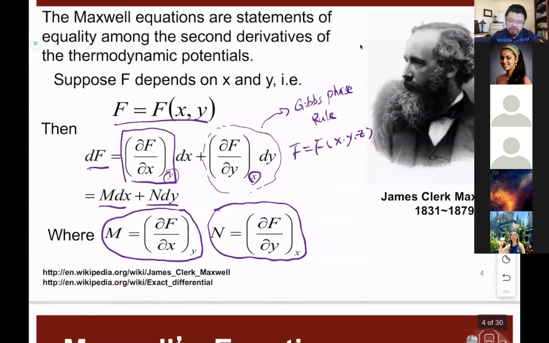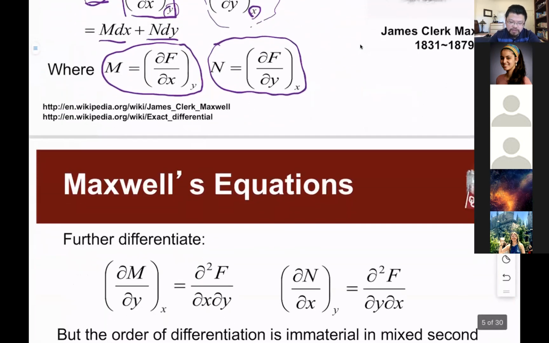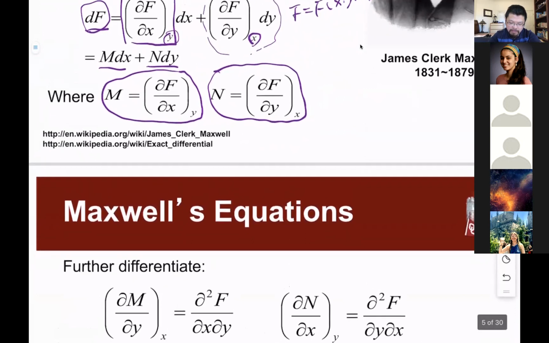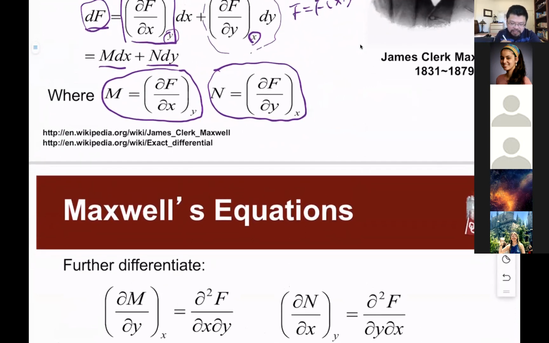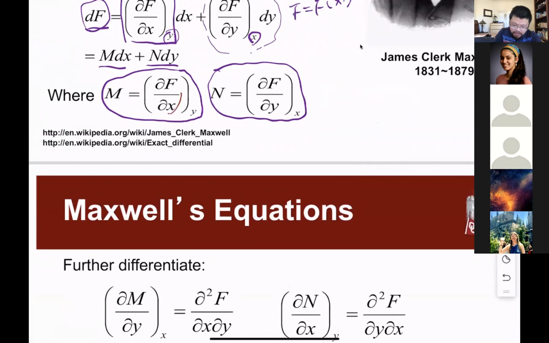Now, if we ask the question, what if I take the second order derivative, what would be the case? Over here, you can see that M is the derivative with respect to x keeping y fixed.